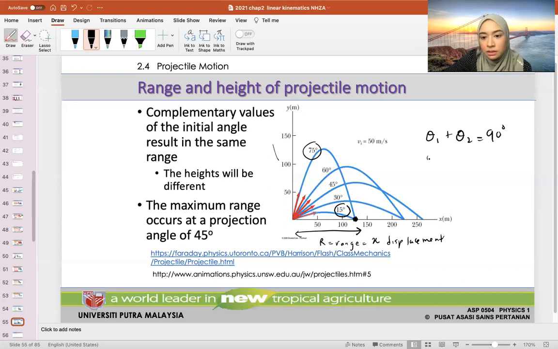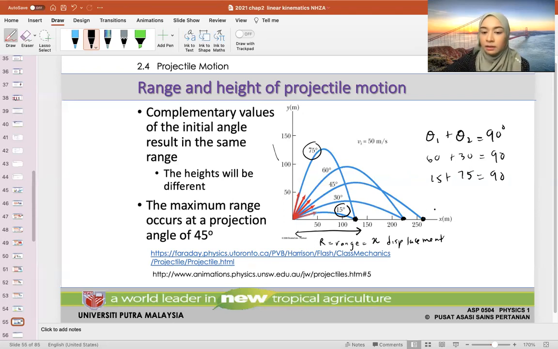Okay, 60. What is the complementary? 60 plus 30 will get me 90. 15 plus 75 will get me 90. So 60 is complementary with 30. So 60 dengan 30, dia punya range adalah sama. Itu je. This is the point of this slide. It's just showing you that they will have the same range. And then 45. 45 complementary dia, 45 juga.